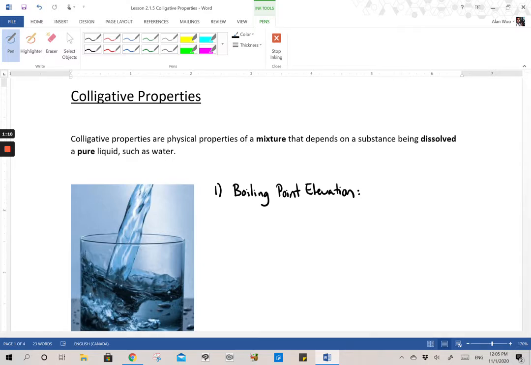So we're talking about adding something into water to make water boil at a higher temperature. So for example, we know that water under regular conditions has to be heated to 100 degrees. Okay, so water boils normally at 100 degrees Celsius.